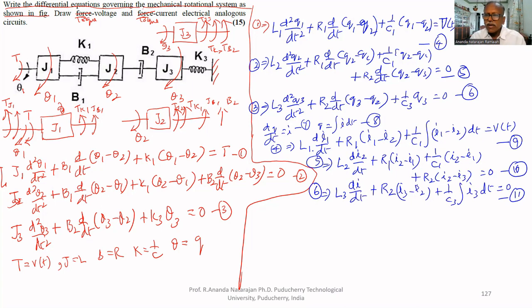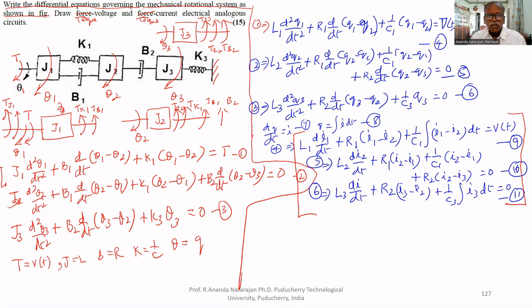So 9, 10, 11 are the electrical analogous of the mechanical system. These three equations are the electrical torque voltage analogy. For that, we can draw the electrical analogous circuit for this mechanical system. What is the use of getting an analogous system?